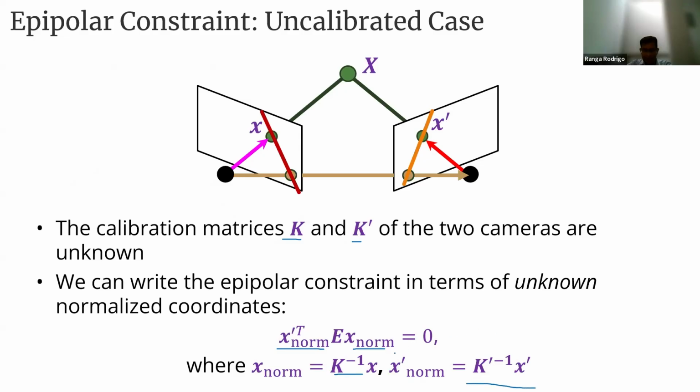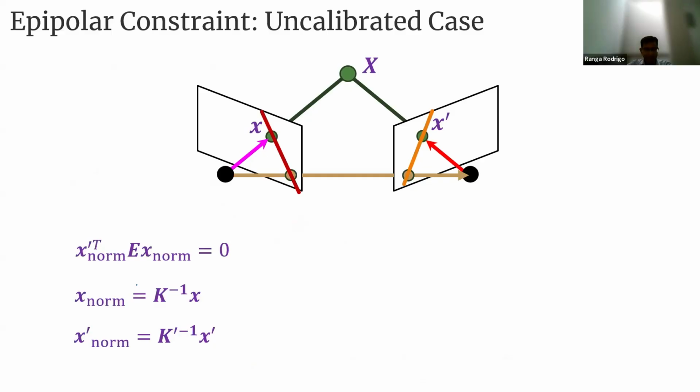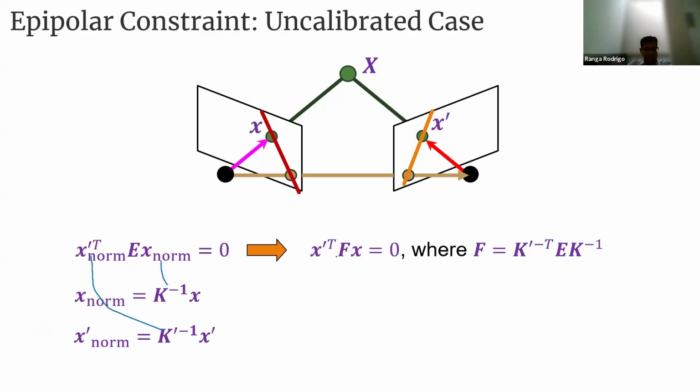But if we do not do that, and if we have non-normalized ones, that means into x norm we substitute this one, into x prime norm we substitute this one, we get the fundamental matrix. So the relationship between the fundamental matrix and essential matrix is this one. The fundamental matrix is for uncalibrated, unnormalized points.